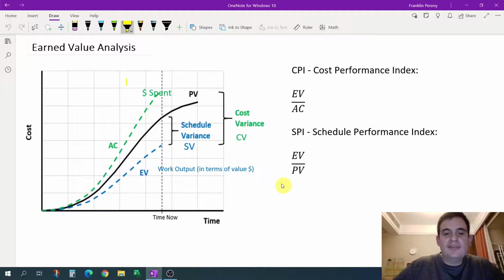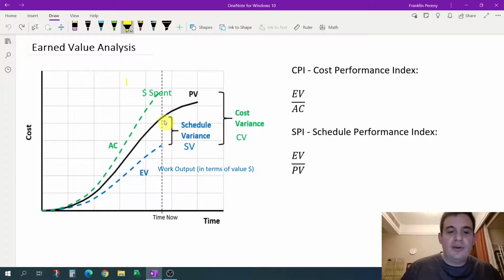So schedule variance means that at a point in time, so this is the time now line right here, okay? At that point in time, the earned value line, again, that's not really representing dollars that you've spent. Again, that's representing work complete on the project, the earned value.